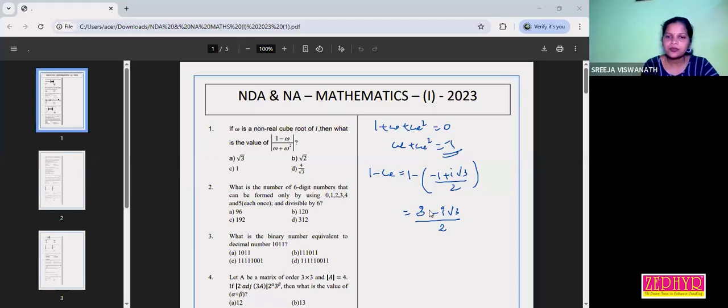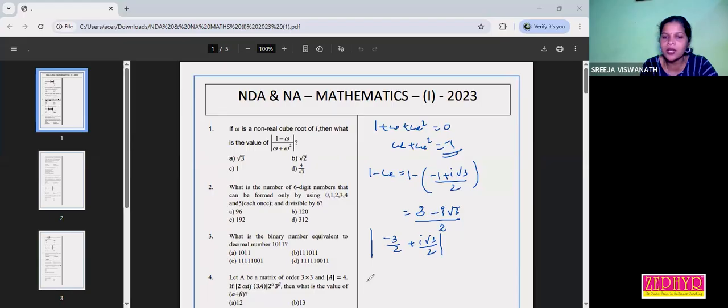Now, we have to find the modulus of a complex number. Here it contains an I. So, the modulus of a complex number is the square root of real part square plus imaginary part square. So, 1 minus omega, 3 minus I root 3 by 2, whole divided by minus 1. So, we get minus 3 by 2 plus I root 3 by 2.